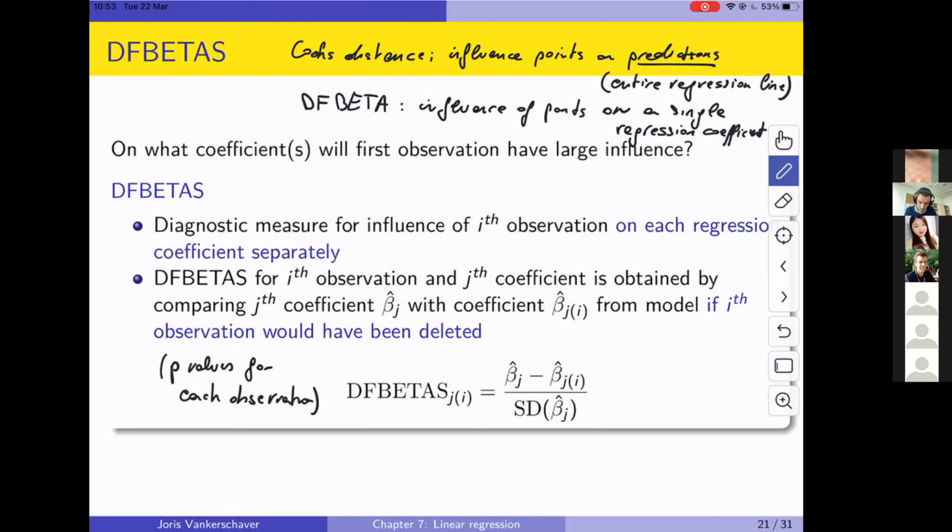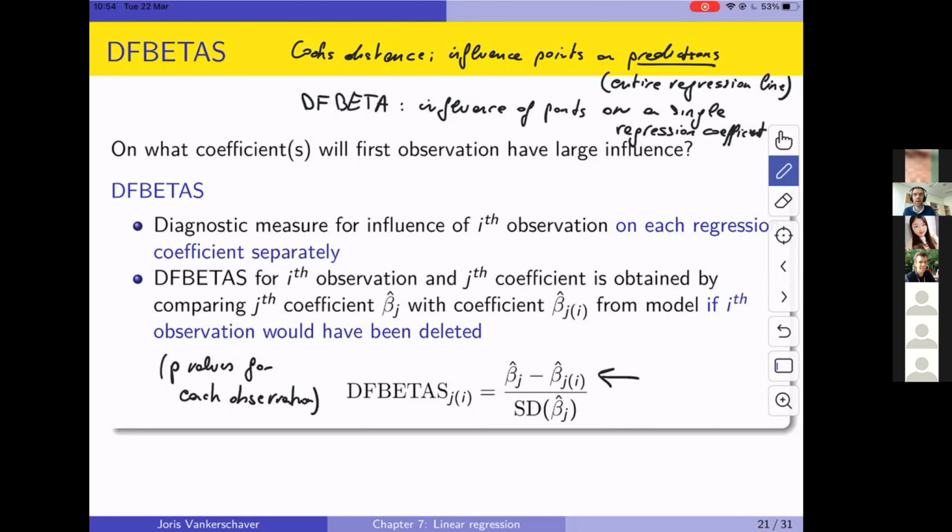So that's what we have here in the numerator. Beta hat j is the jth coefficient, the jth slope or intercept of the model where we have all the observations, including observation i. And then beta hat j(i) between brackets is the jth coefficient of the model where we looked at all the data minus observation i.